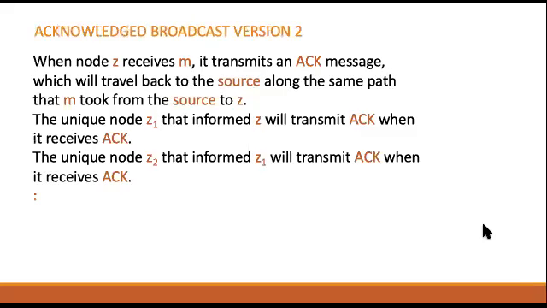The idea of this version of broadcast is that the acknowledgement that Z transmits when it receives M will travel back to the source along the reverse of the path that M took from the source to Z. In particular, the unique node Z1 that informs Z will transmit an acknowledgement the slot after it receives the acknowledgement from Z. Likewise, the unique node Z2 that informed Z1 will transmit an acknowledgement the slot after it receives the acknowledgement from Z1. This continues until the source finally receives an acknowledgement.